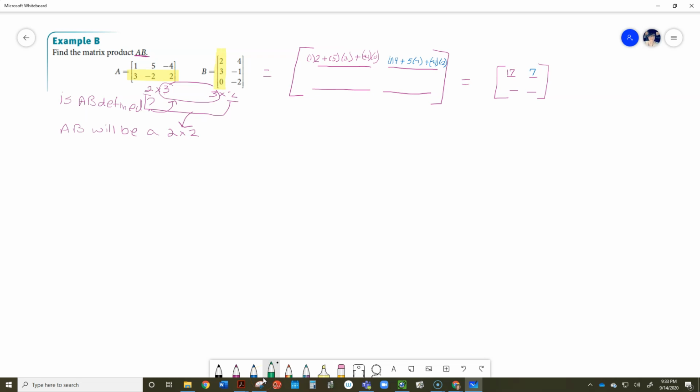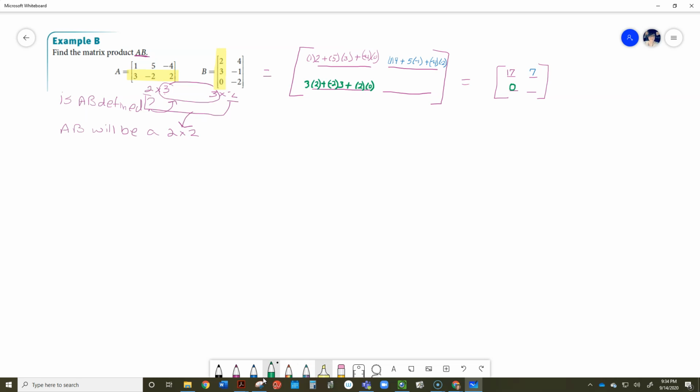When I do that, I get 3 times 2 plus -2 times 3 plus 2 times 0. Now when I combine those, that gives me 6, -6, and 0. That was pretty easy mental math, and I got 0.